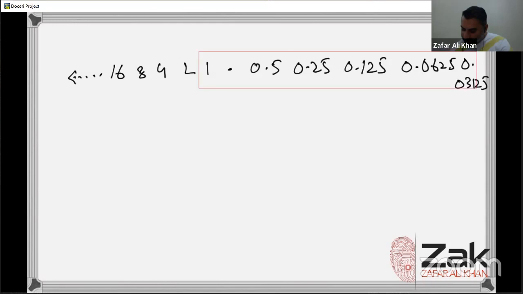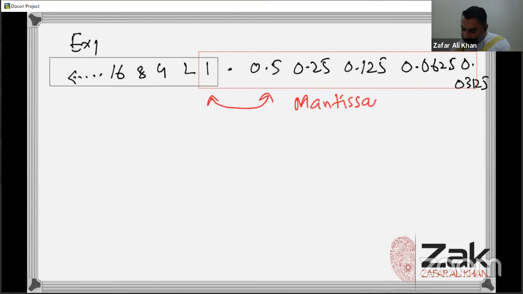So this is your mantissa, where the point lies between the first two bits. Afterwards, this part over here from 1 towards the left, 1, 2, 4, 8, 16, is representing the exponent. So this is your exponent.